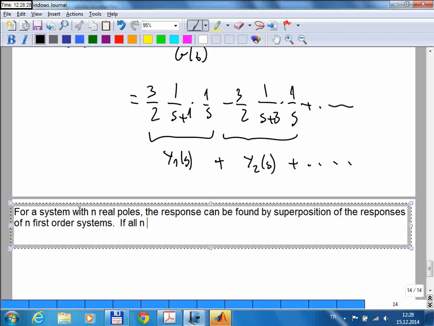If all n poles are on the left half plane, all n responses will be convergent and the system will be stable.